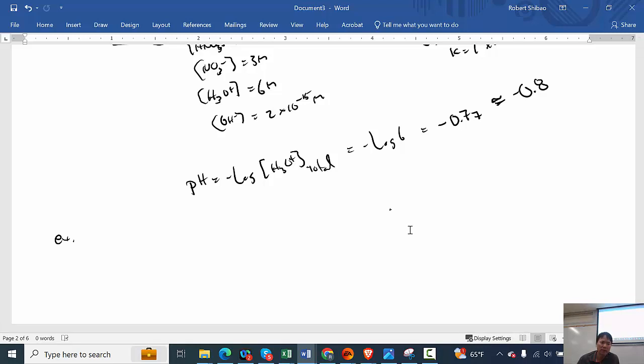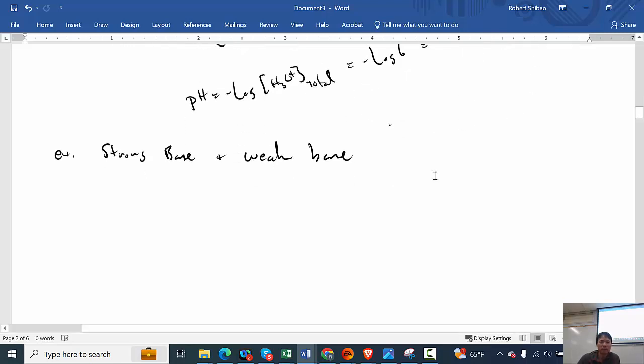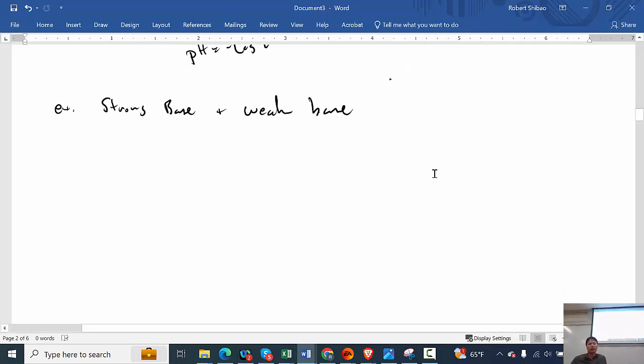So we could do another example here. In this case, we'll do a strong base plus a weak base. This is another mixture. We'll just pick a strong base like sodium amide, and a weak base.